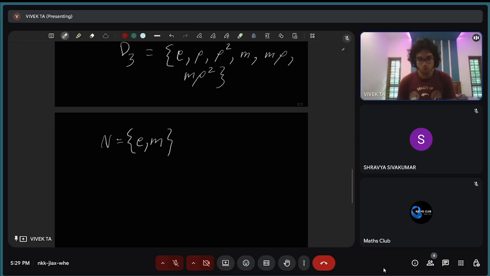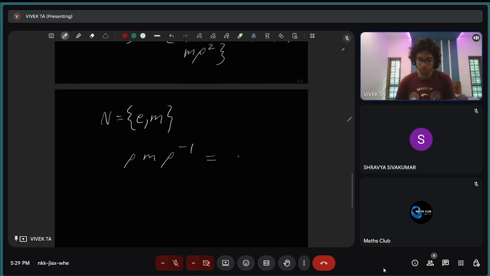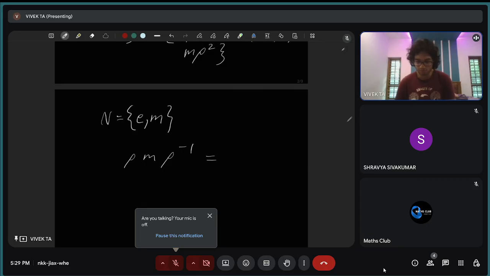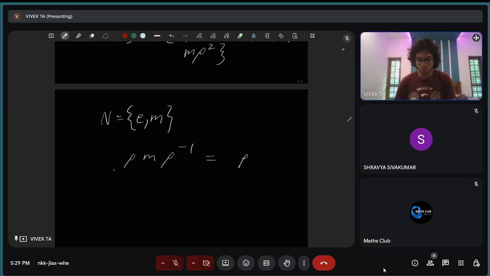Now, if I apply rho on it, so rho M rho inverse, well, try to take it as an exercise to prove, but this is essentially going to be the same as first taking rho on both sides. So this is going to be equal to M rho square.